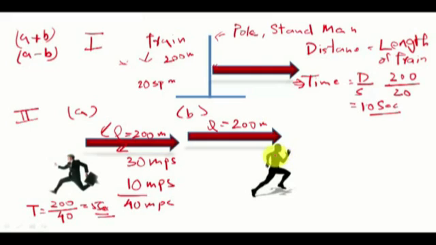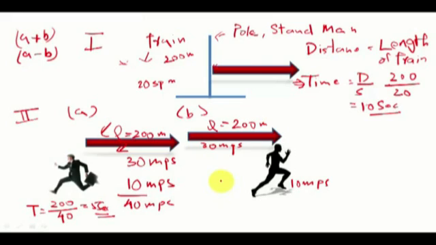Now what is the speed? I'll take that same speed as train speed is 30 meters per second, and the man speed is 10 meter per second. Can I take speed?